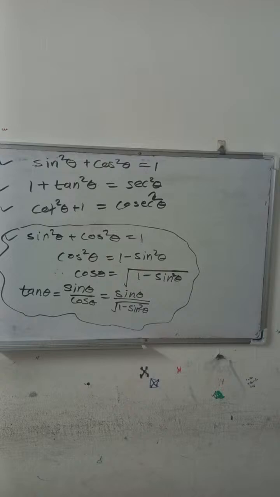And always remember, the values of trigonometric ratios are between 0 and 90. The key points or short notes we require for this chapter I already shared with you. I hope everyone took the screenshot or wrote all the things which I gave on the board.